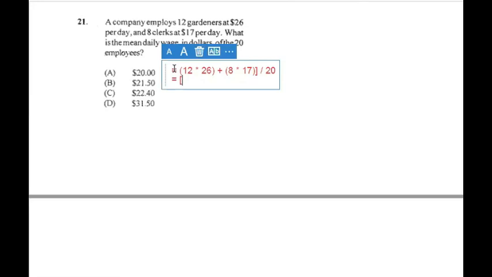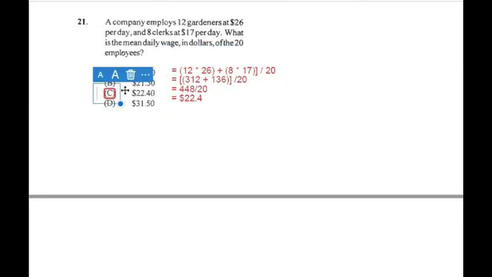So it is equal to 312 plus 136, and all of that is divided by the 20 employees. So it is equal to 448 divided by 20, and that is equal to $22.40. So our answer for 21 is C.